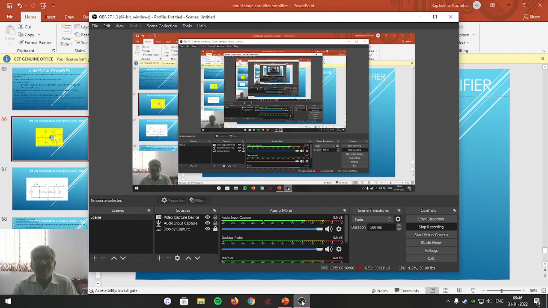After that, we have studied the multi-stage amplifiers, in which we have studied RC coupled amplifier, DC coupled amplifier, and also the transformer coupled amplifier. Then we have covered the power amplifier, its classification as class A, class B, class C, class AB.